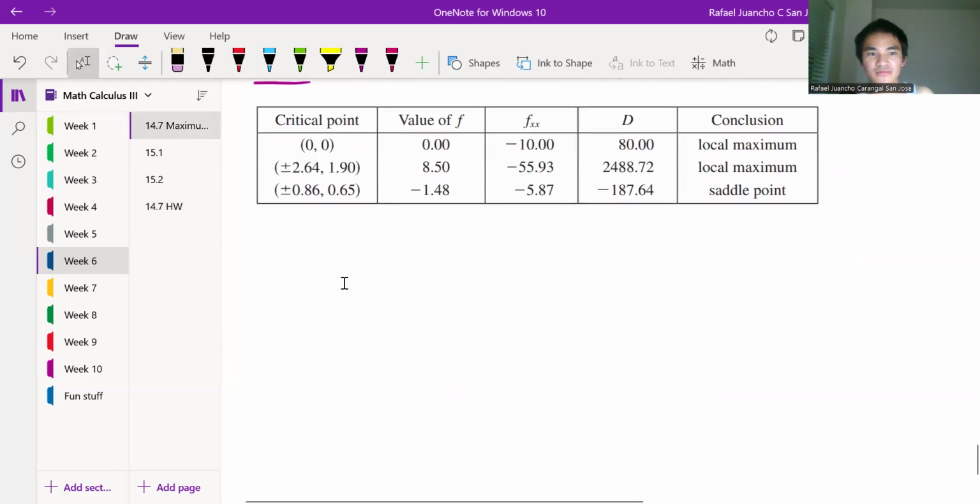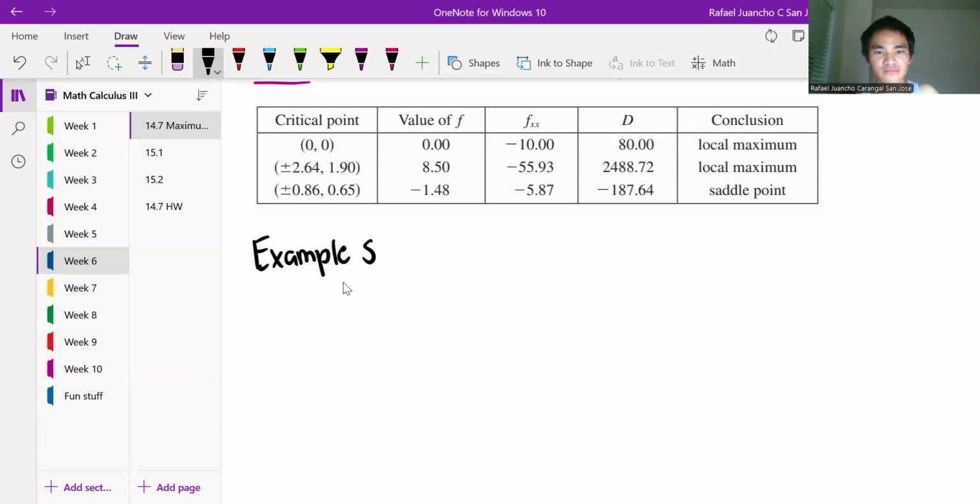Okay. I'm gonna... Okay, where's my short distance problem here? That's the unfortunate order of things. Let's do an example 5. So here we're being asked to find the shortest distance from a particular point to a plane.